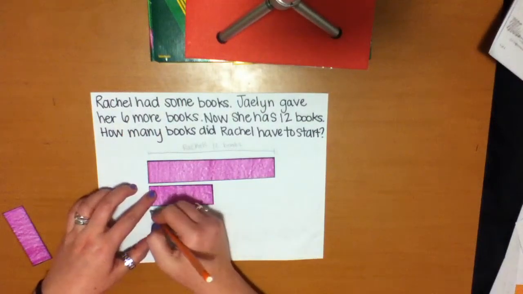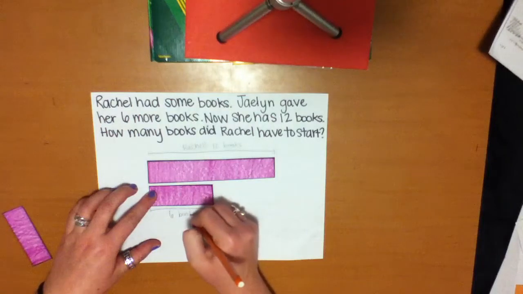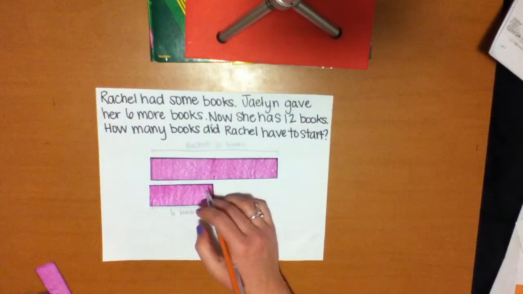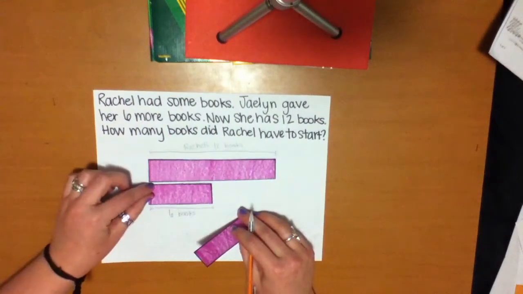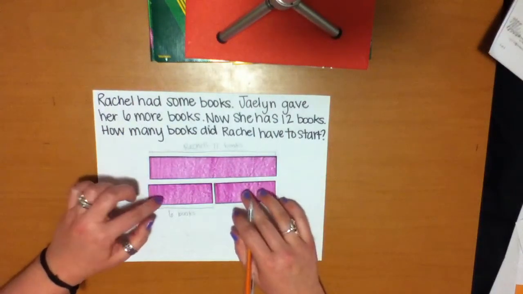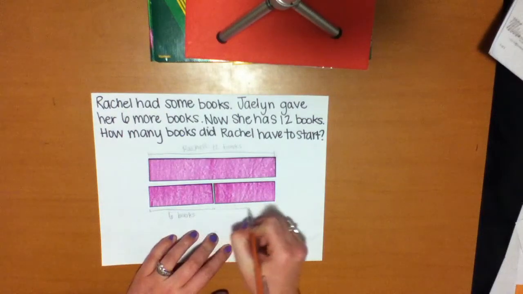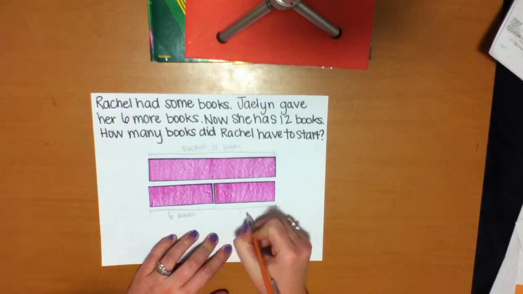So I'm going to label this 6 books. And this other smaller piece represents the amount of books that Rachel started with. And since we're not sure what that number is, I'm going to label that with a question mark labeled books.